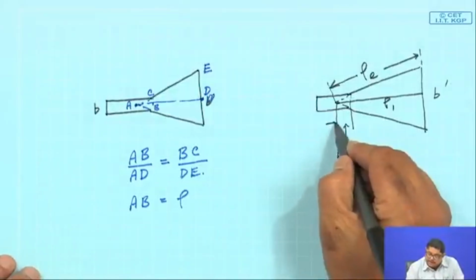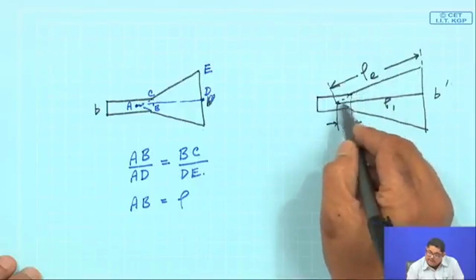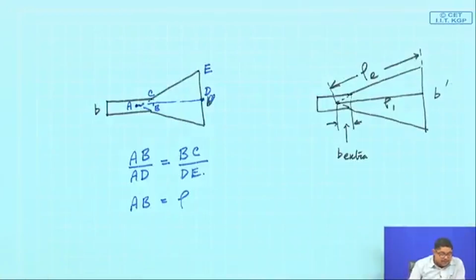So, this is actually, because these are seen from outside, a hypothetical point. So, what is this extra point that I am trying to find out?